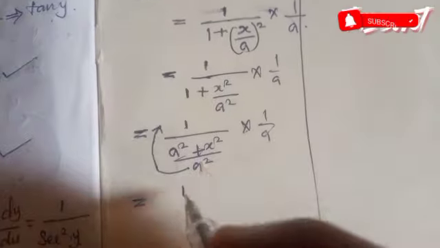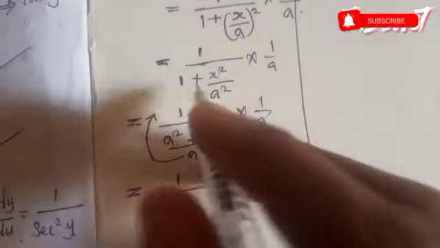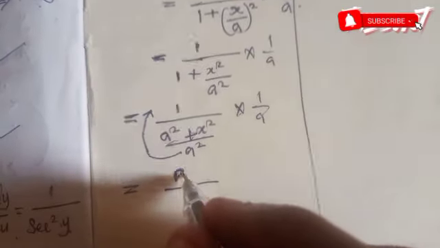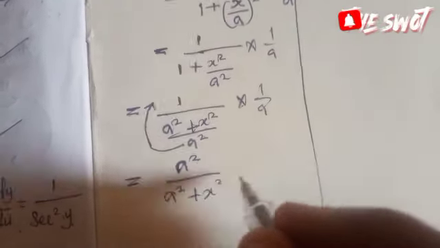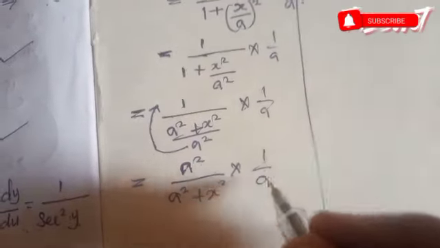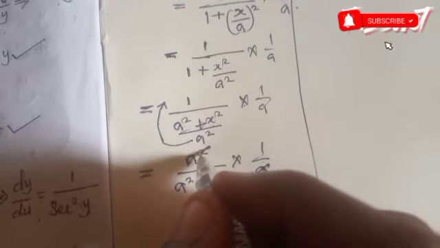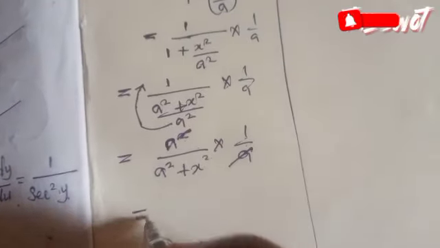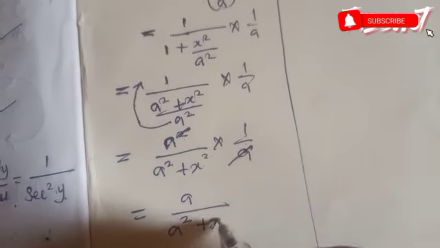You understand why I said it can come up? If you linearize it, it comes up. So you have a squared all over a squared plus x squared times 1 over a. If this a cancels a squared, you have a left. So you'll be having a all over a squared plus x squared.